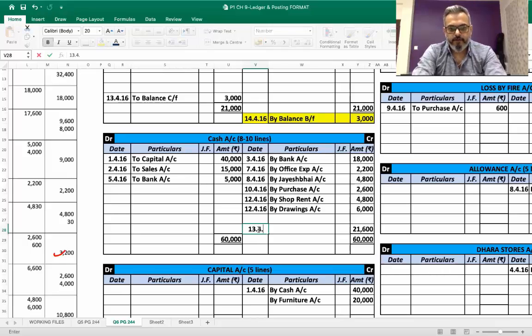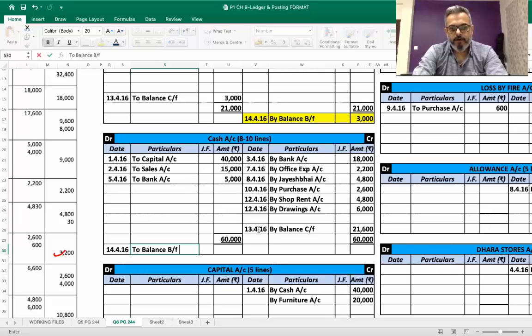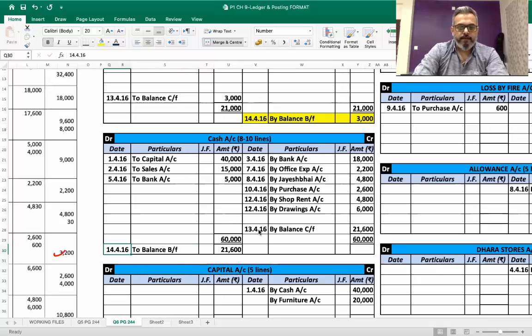So 14/4 by balance carried forward, and 14/4 to balance brought forward 21,600.